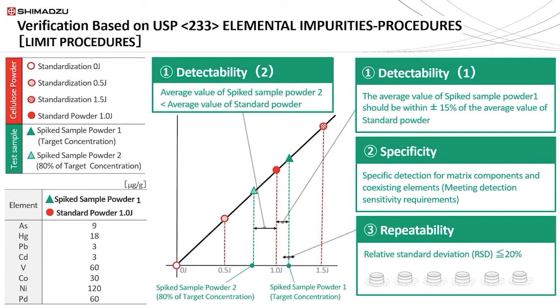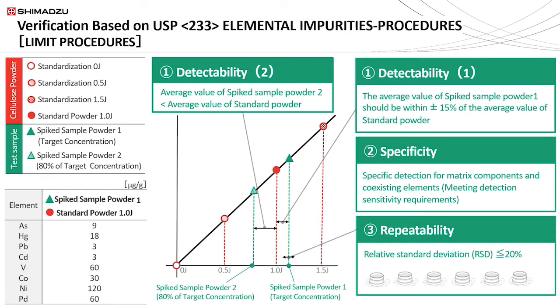which one should be spiked at the target concentration at J, and the other should be spiked to within 80% of the target concentration, so 0.8 J. So there's two detectability criteria. So the detectability of sample powder 2, which is at 80% of the target concentration, you need to prove that that average value is always less for all the elements than the standard powder.